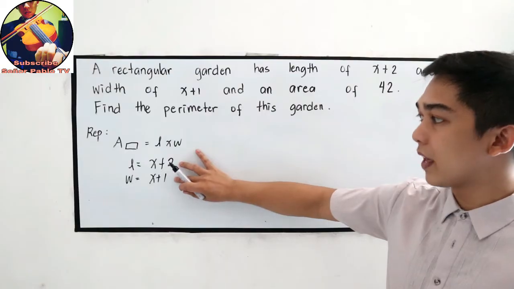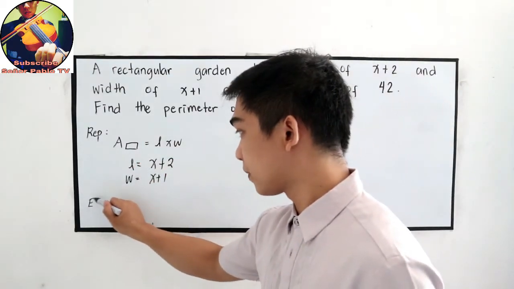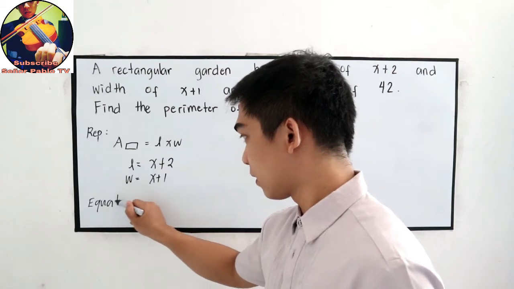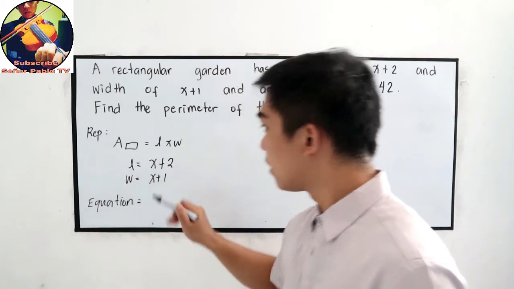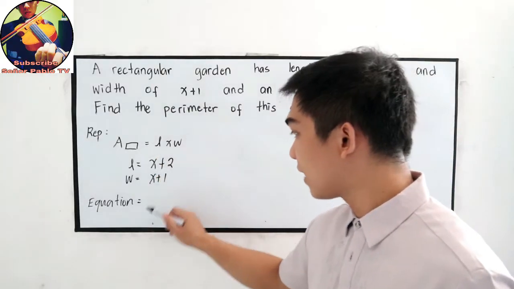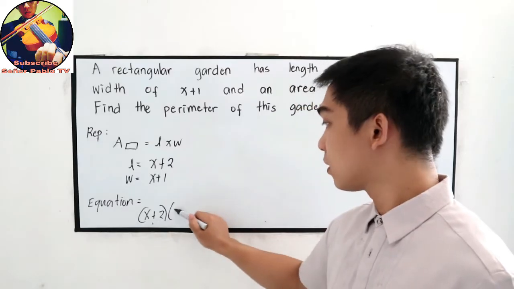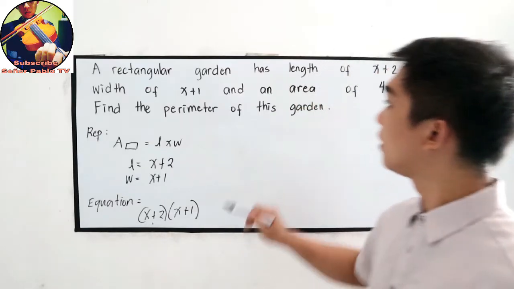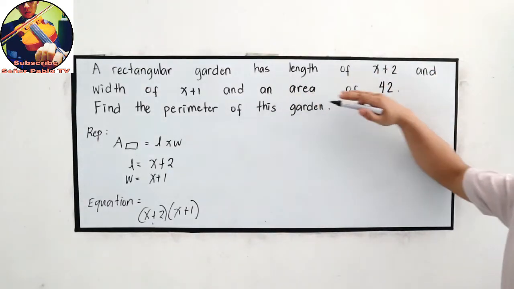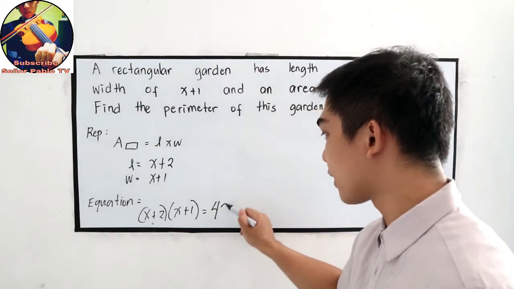Following our representation in our formula, we can find our equation. Let us substitute length times the width. So length is x plus 2 times the width x plus 1 given the area of 42 is equal to 42.